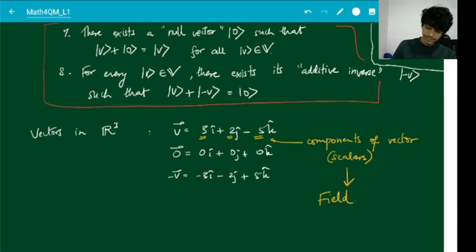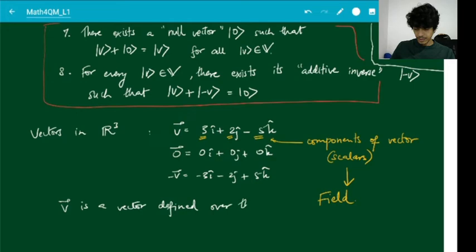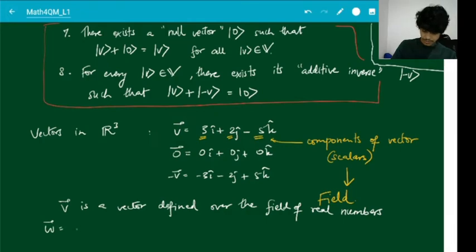So over here, this vector v that I have written, v is a vector and it belongs to this R3, a vector defined over the field of real numbers. But I could also have some other vector w, let me call it, and let's say this is 1 plus 2i, i being square root of minus 1, i hat plus 5 minus 4i j hat, something like this.